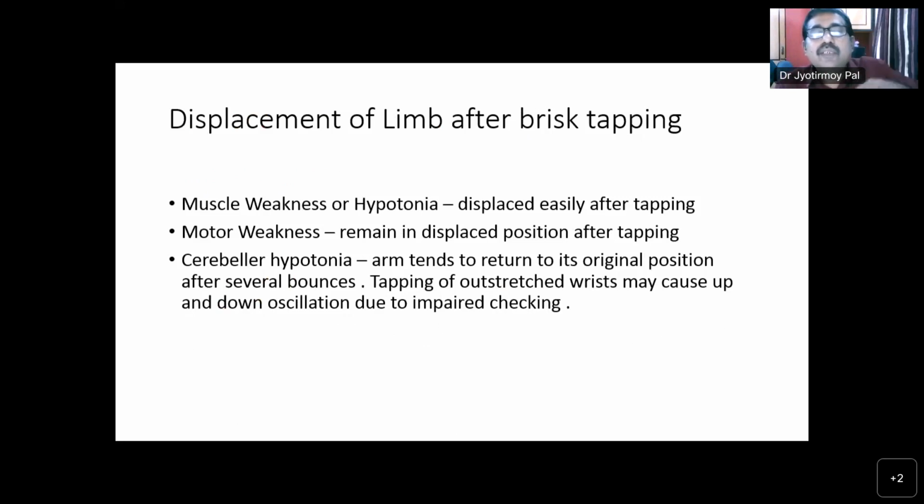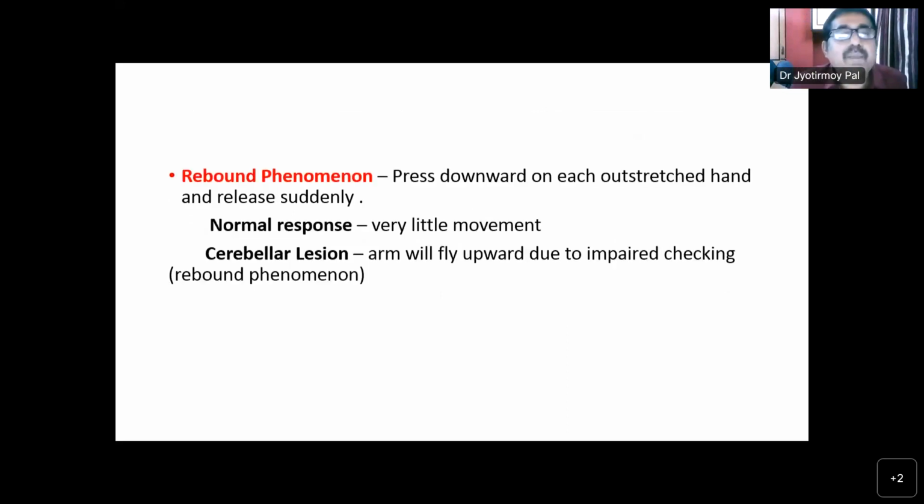So this is called cerebellar hypotonia. In muscular hypotonia, there is very easy displacement. In pyramidal tract lesion, little displacement. In cerebellar lesion, if you tap like this, it will fall again, and after several oscillations it will come back to the original position. So that is displacement of the limb after brisk tapping.